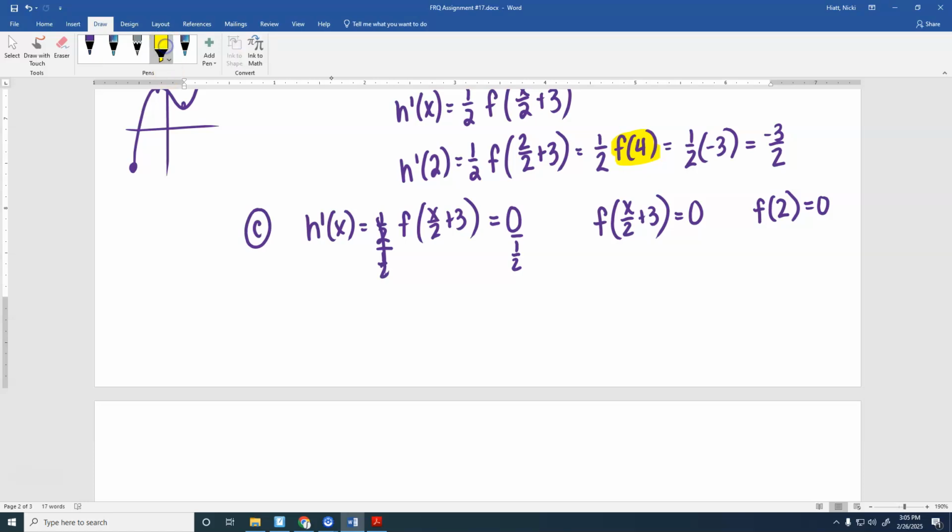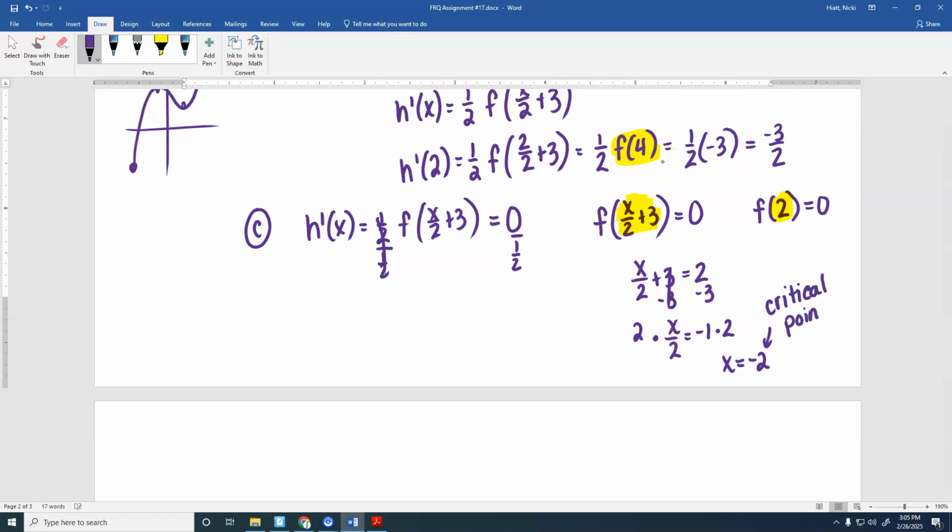We're looking for the inside part to match, so x over 2 plus 3 equals 2. We subtract 3, so x over 2 equals negative 1. We multiply by 2, and so x equals negative 2. This is not necessarily the answer. This is a critical point.